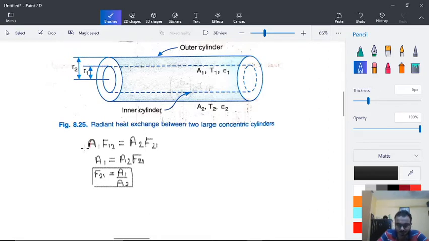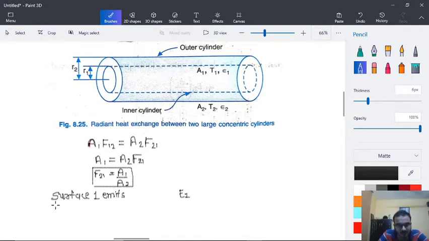Now let us take that surface 1 emits E1, that is emitted by surface 1.